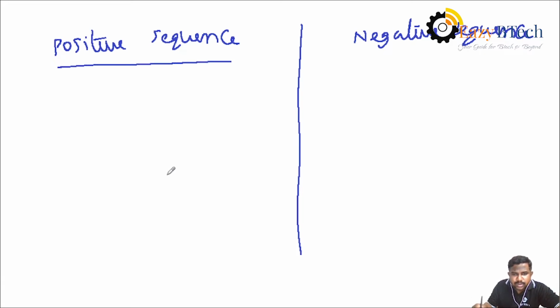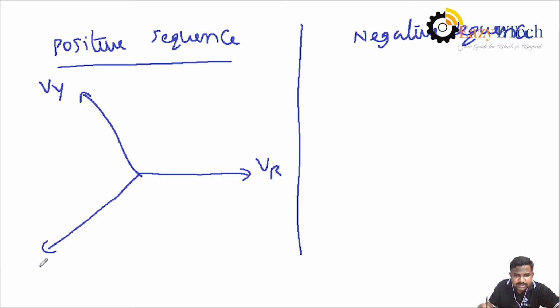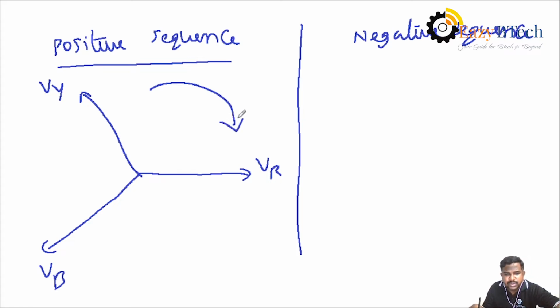Okay. For example, here I am writing the phase reference, suppose R phase. Again, the second one is suppose Y phase, and the third one is suppose B phase. Then the motor or the windings will be running in the clockwise direction. Suppose at the first position we reach the R phase.